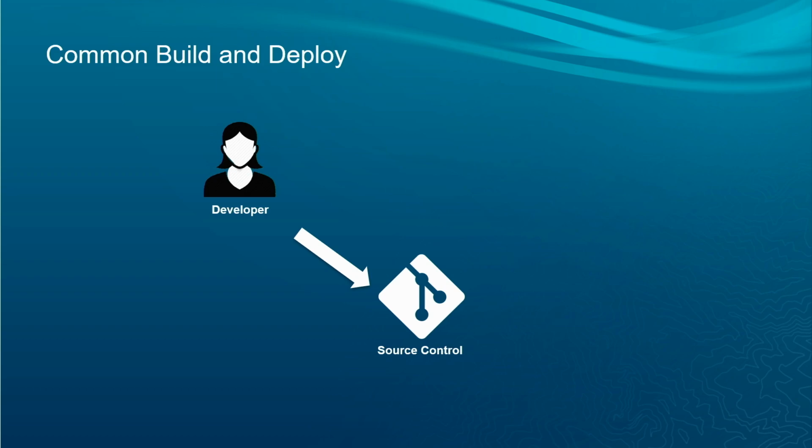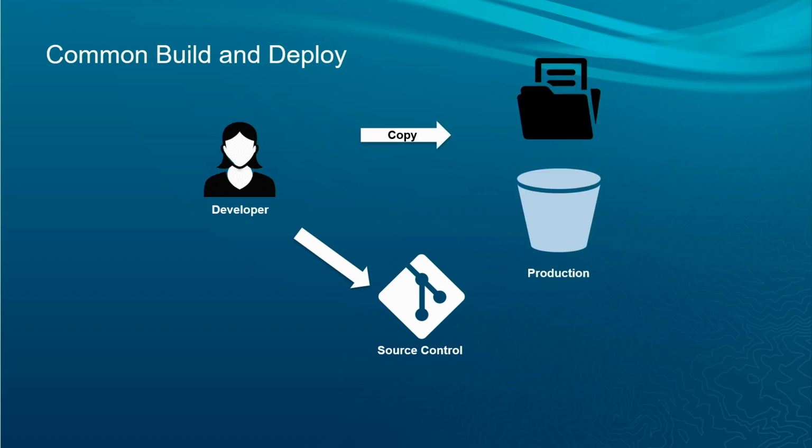We have a developer here doing a great job committing code into the repository. When we start to talk about deploying to operations, they're copying code somewhere, either a web server, or maybe into some sort of object store that's hosting their static code application.